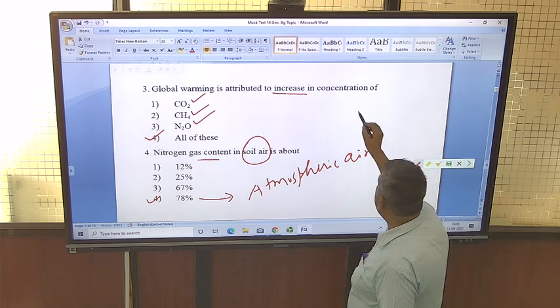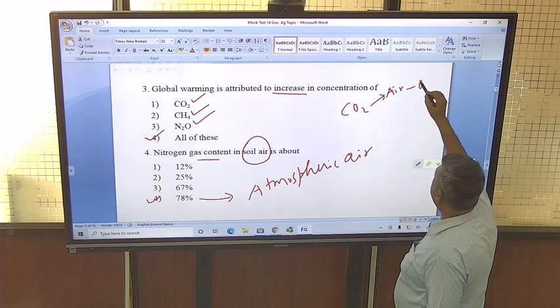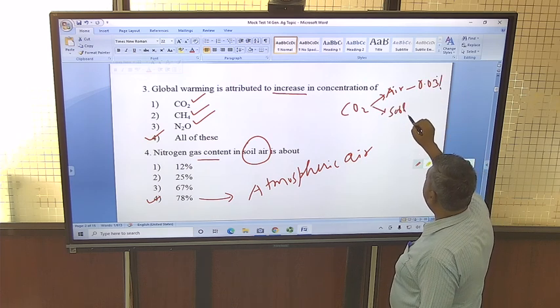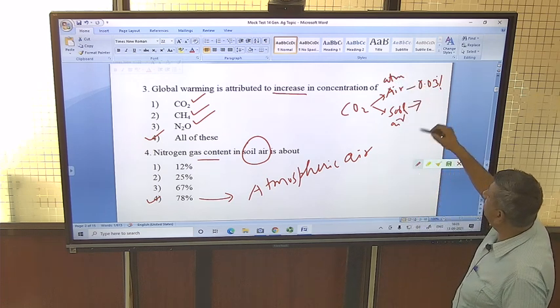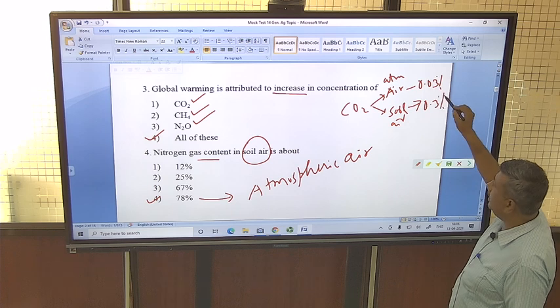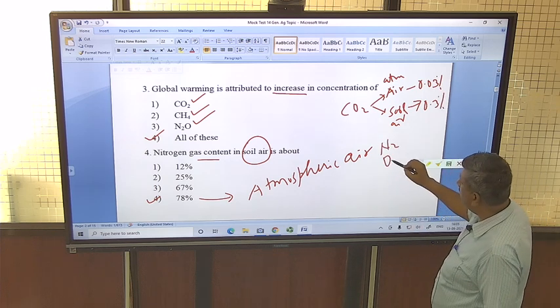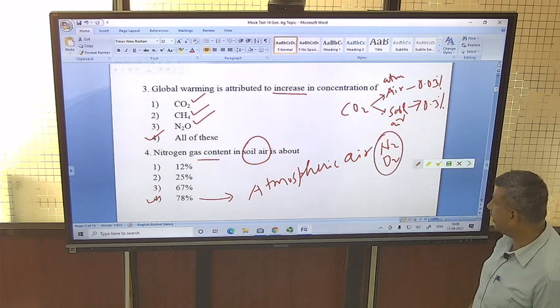CO2 concentration in air we know is about 0.03%, but in soil air it is 10 times higher, 0.3%. But in case of nitrogen and oxygen, the concentration is the same both in soil air and atmospheric air.